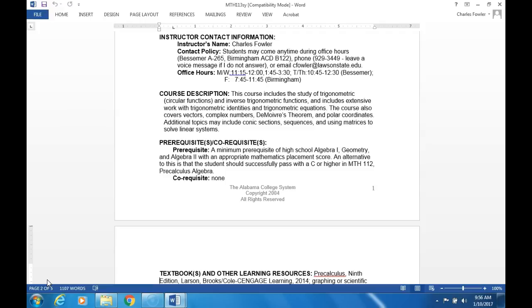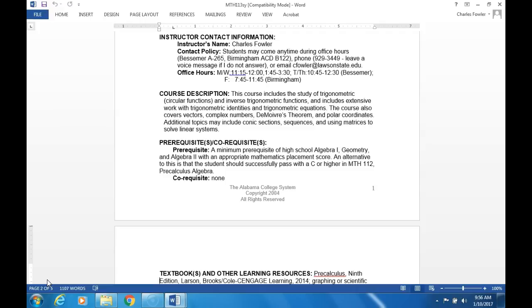This course includes the study of trigonometric, also sometimes called circular functions, and inverse trigonometric functions, and includes extensive work with trigonometric identities and trigonometric equations. The course also covers vectors, complex numbers, De Moivre's theorem, and polar coordinates.